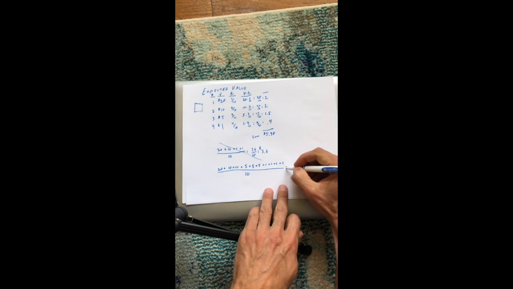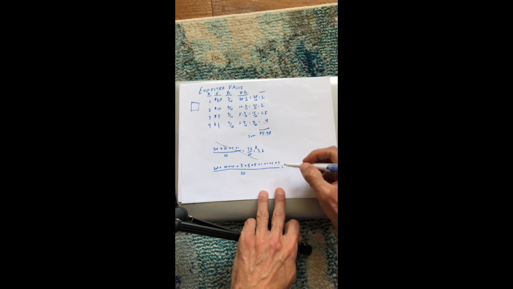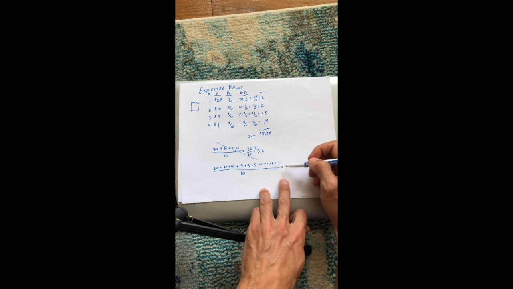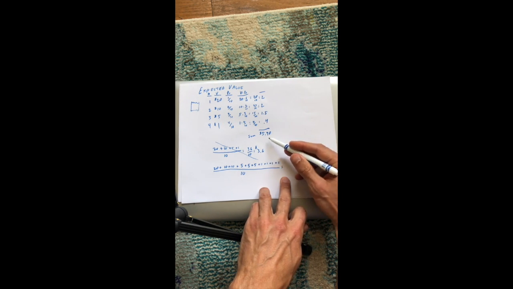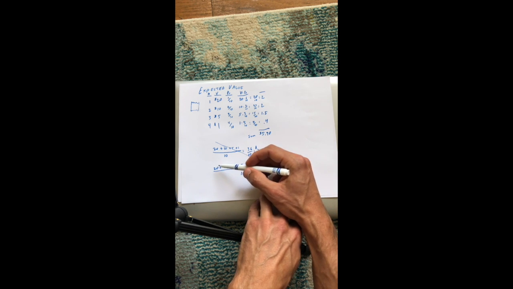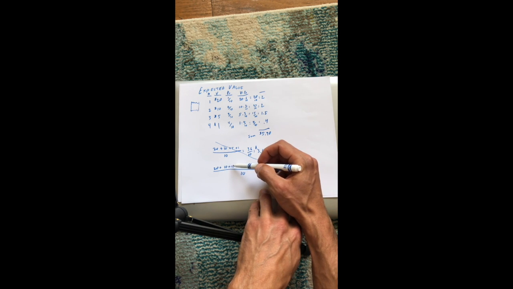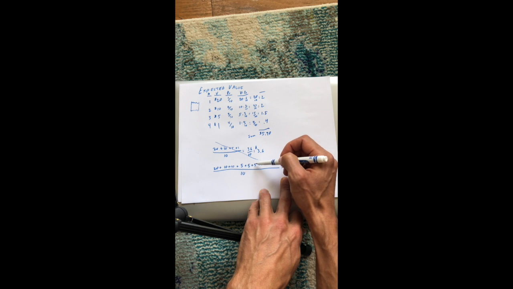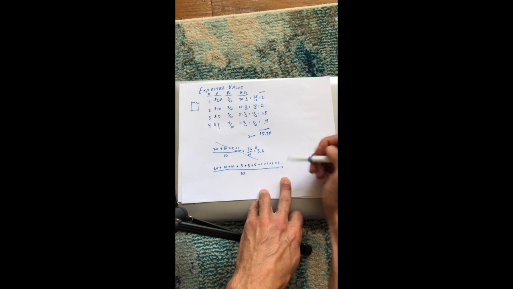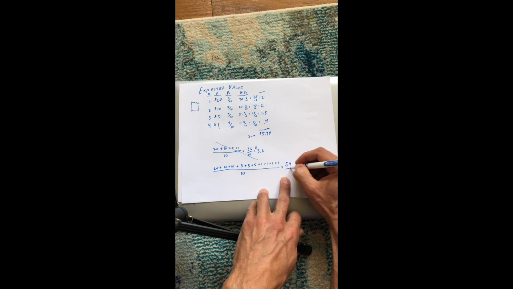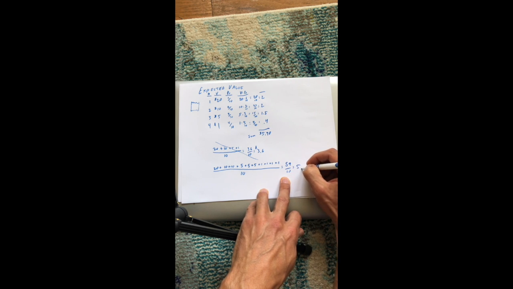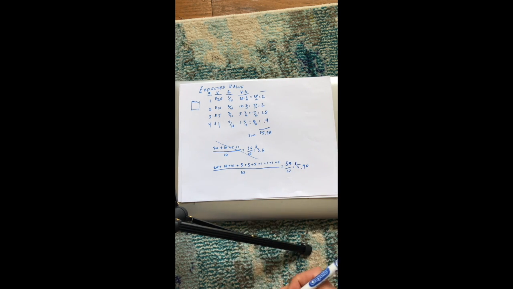If we've done this correctly, we should get 59 up here, because 59 divided by 10 is 5.9. So let's see, 20, 10, 40, 55, 56, 57, 58, 59. 59 over 10, which there is our 5.9.